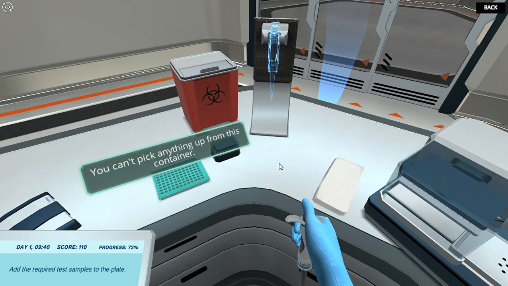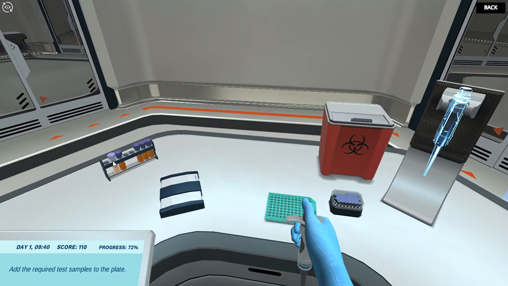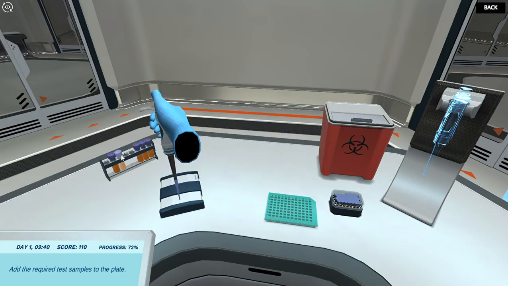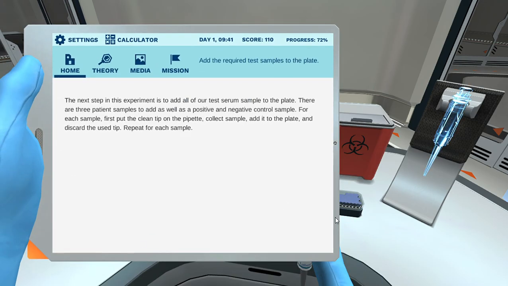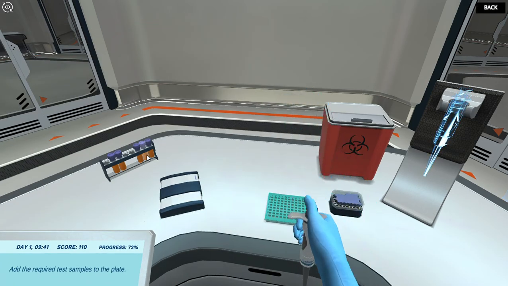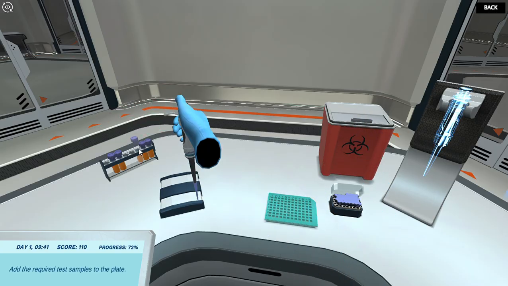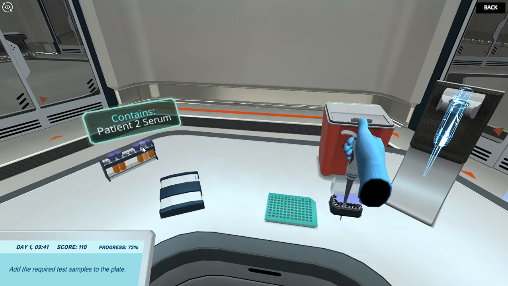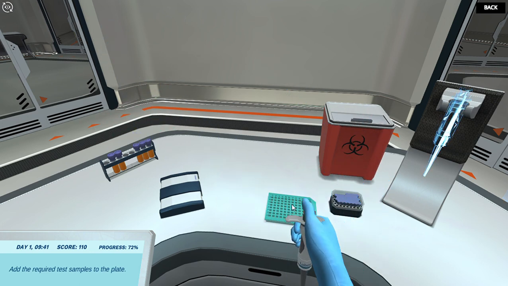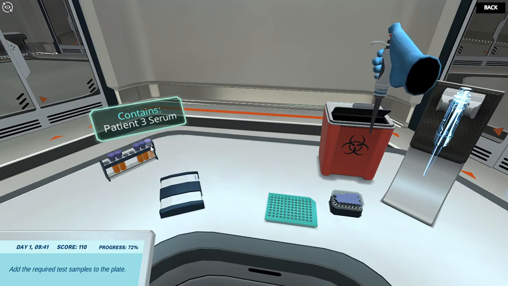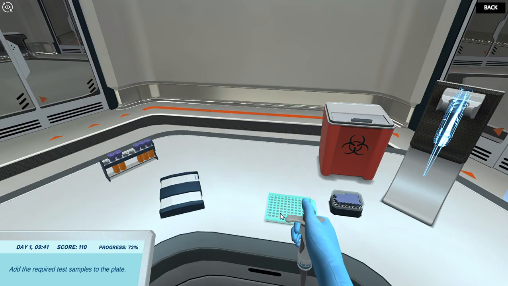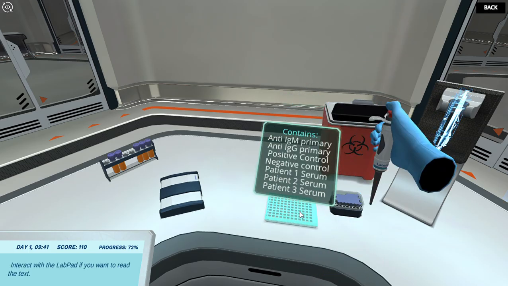You can't pick anything up from this container. Great, it looks like you got all of them.